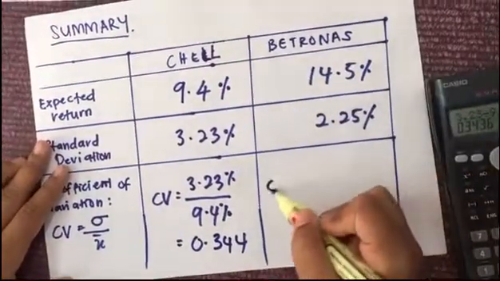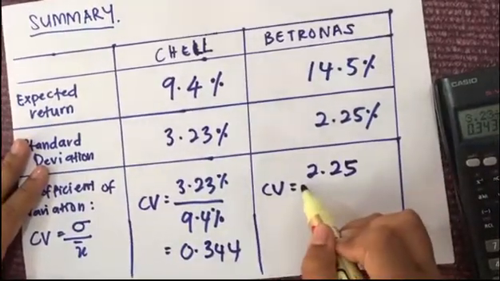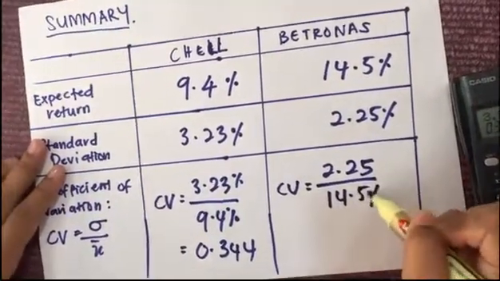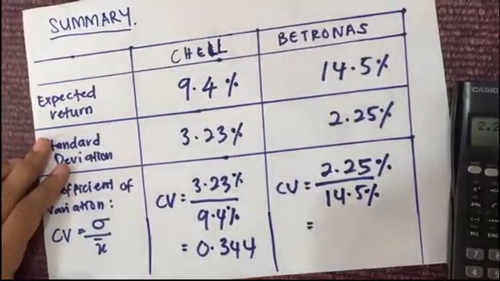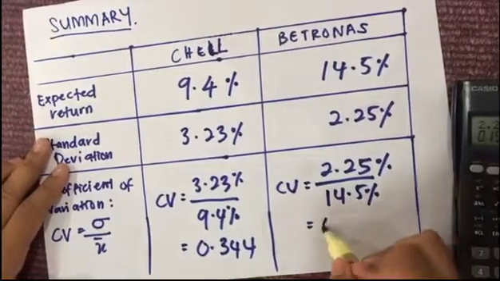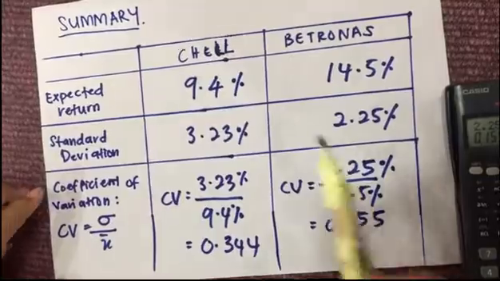And for Petronas, CV equals 2.25 divided by 14.5%, equal to 0.155, and this is the answer for Shell and Petronas.